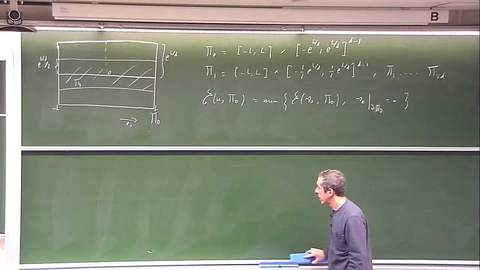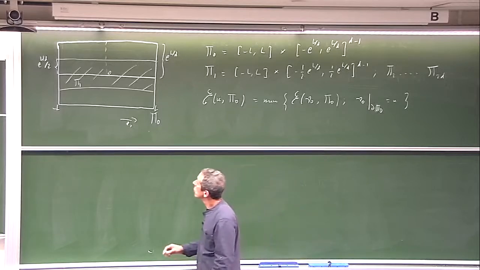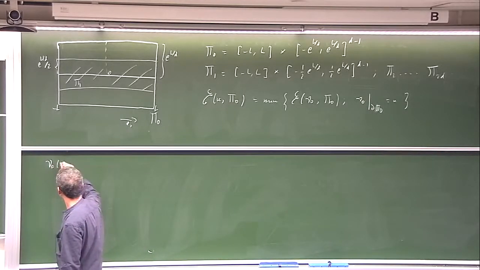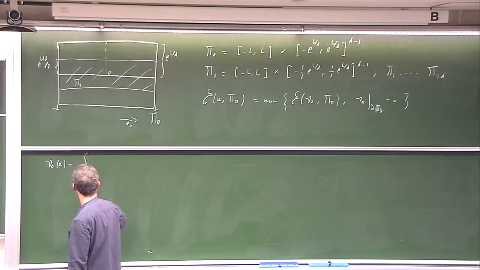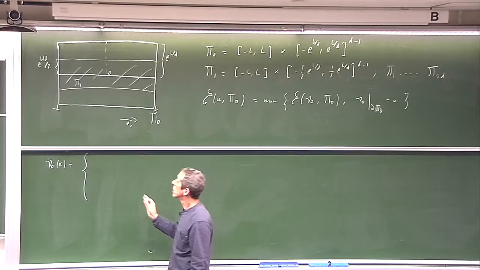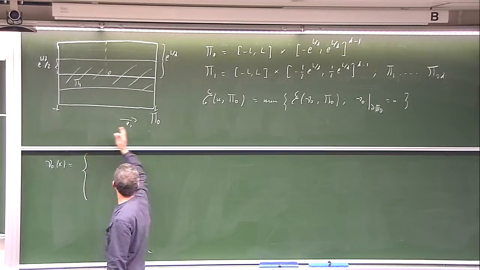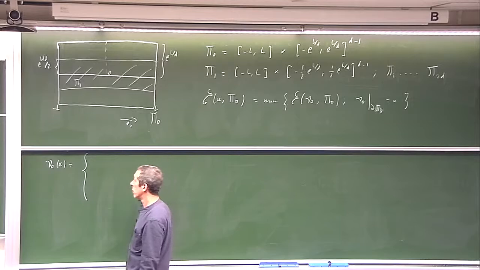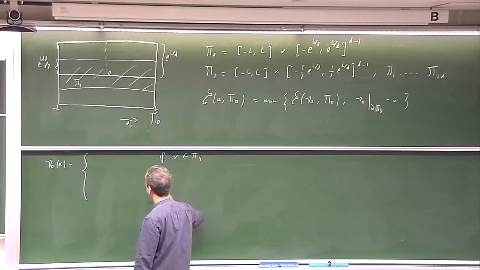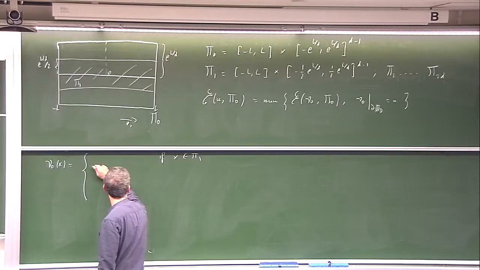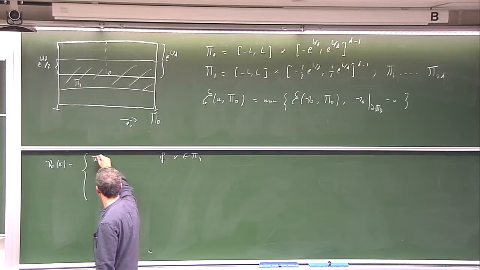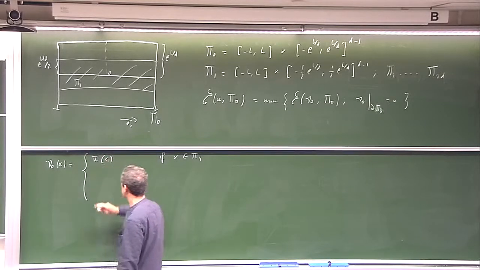Okay, I should not have erased. So inside pi 1, we choose nu0 of x equals something. Now, in pi 1, we can choose whatever we want, which is any function which is 0 here and 1 here. So we choose the same as before. So if x belongs to pi 1, then we can choose the function which I just erased, this u bar of the first component.